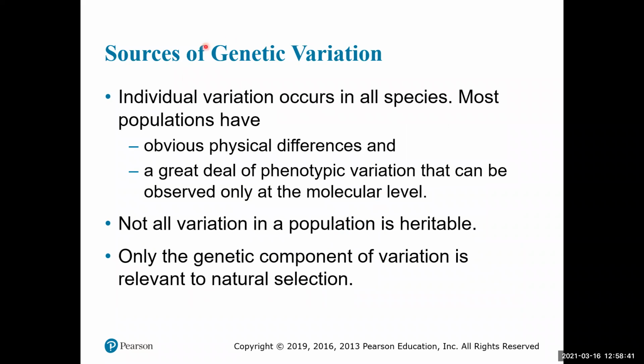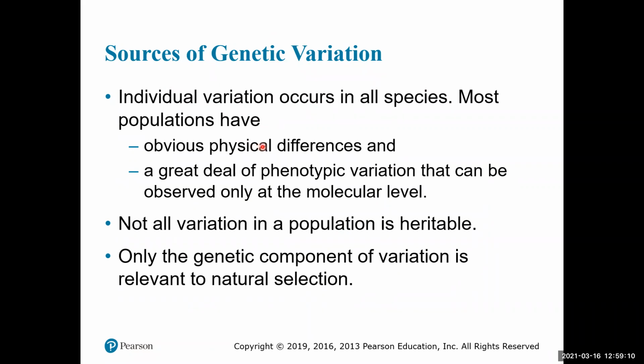And so now what we're going to get into is where that source of genetic variation comes from that natural selection acts on. So like we mentioned, most populations have variation between those species. You have those obvious physical differences, lots of phenotypic, so the way they look, variation. And we can observe that variation at the molecular level, so at the genetic level.